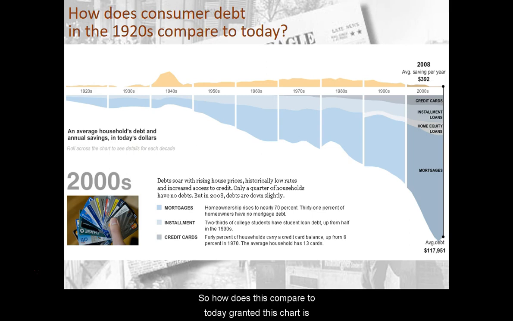So how does this compare to today? Granted, this chart is a little over 10 years old, but it gives you a good picture of historical debt ratios versus modern debt ratios, and this has more than likely significantly risen over the last decade.